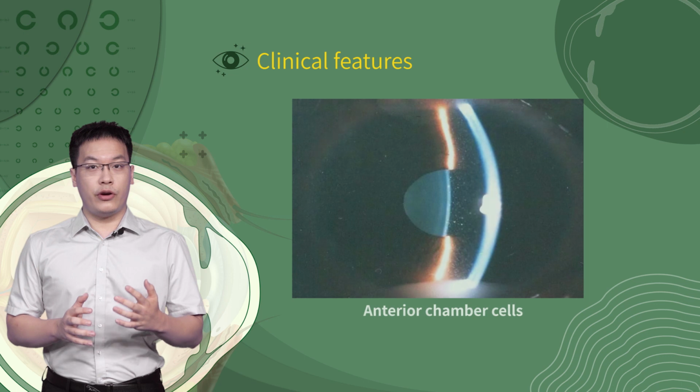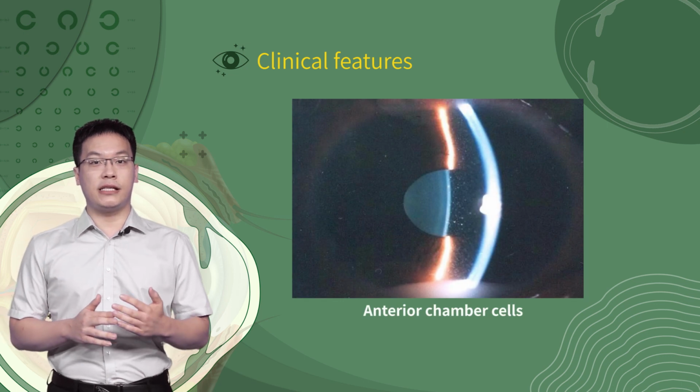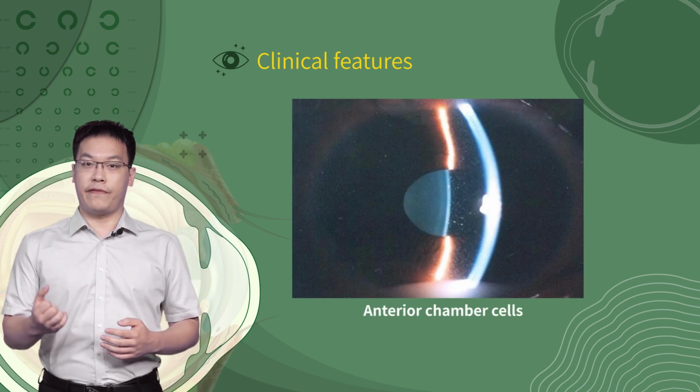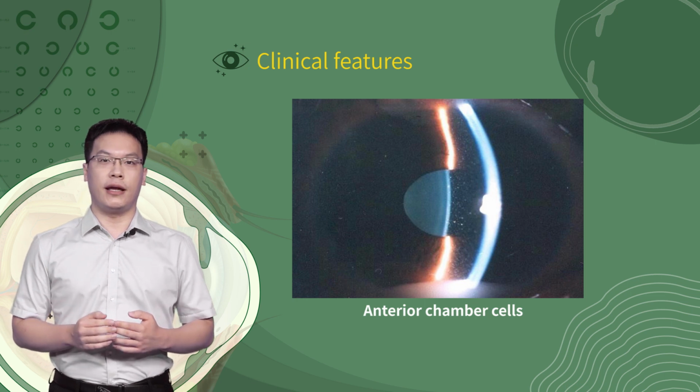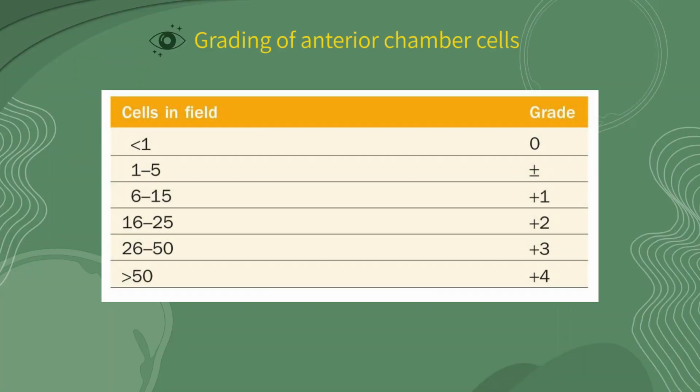Cells in the anterior chamber indicate disease activity and their number reflects disease severity. Grading of cells is performed with a 2 mm long and 1 mm wide slit beam with maximal light intensity and magnification.